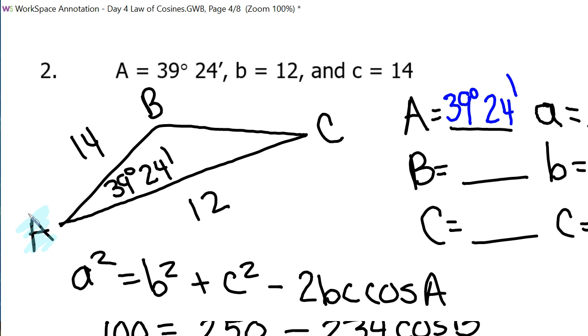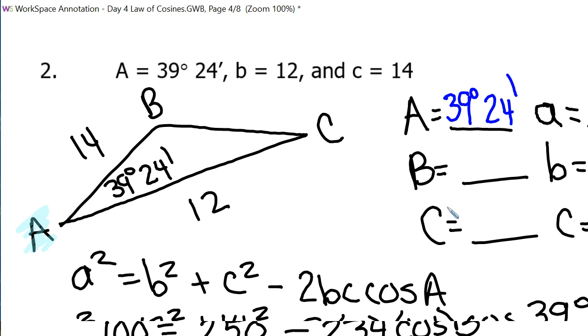We're solving for side A. So we'll keep the A squared. What do I put for B? 12. So this would be 12 squared. Plus, what do I put for C? 14 squared minus 2. What do I put for B and C? 12 and 14. Cosine. And A is 39 degrees, 24 minutes.